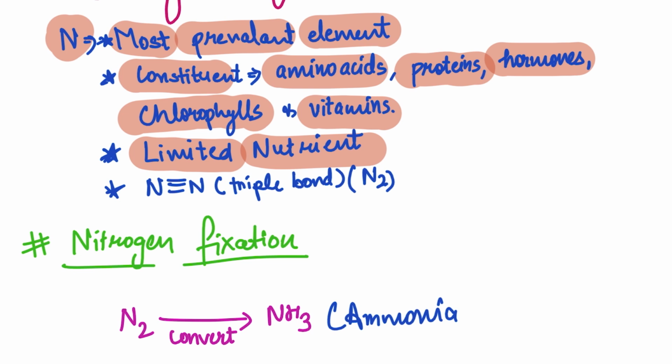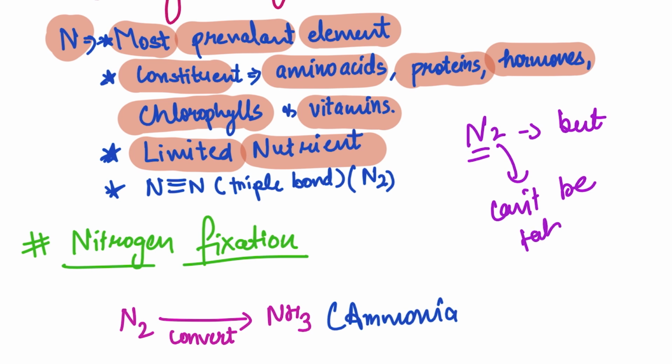Look, nitrogen is abundant, but it cannot be taken directly. That's why it becomes limited. For example, a plant, right? Nitrogen in gaseous form cannot be taken.